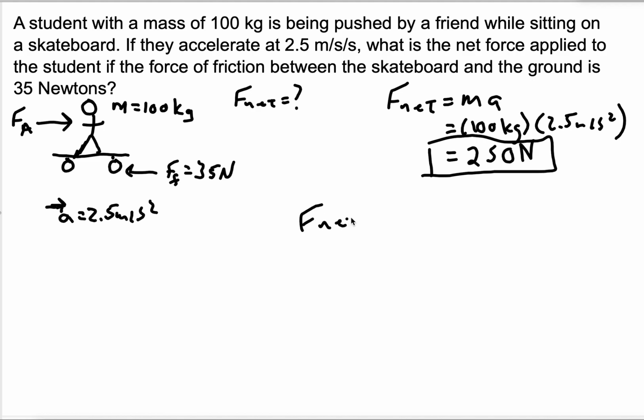Now, that net force is going to be equal to the applied force minus the opposing force. So I know that the net is 250. I don't know how hard my friend pushed me, so I don't know what the accelerating force was. But I do know what friction was.